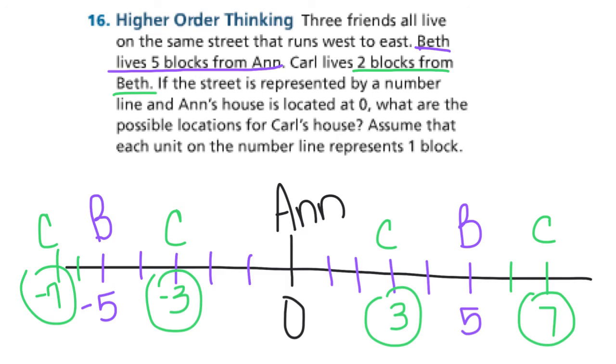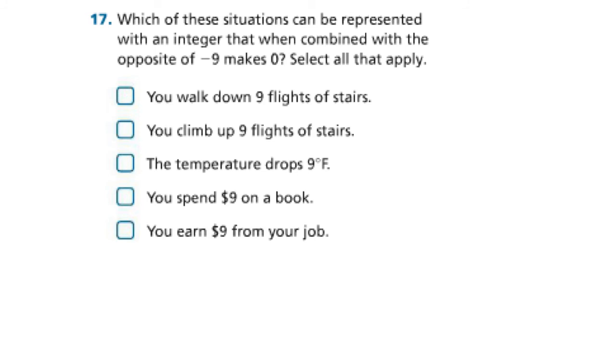Question 17. Which of these situations can be represented with an integer that when combined with the opposite of -9 makes 0? Select all that apply. Let's look at this question very carefully. We are looking for an integer that when combined with what number?